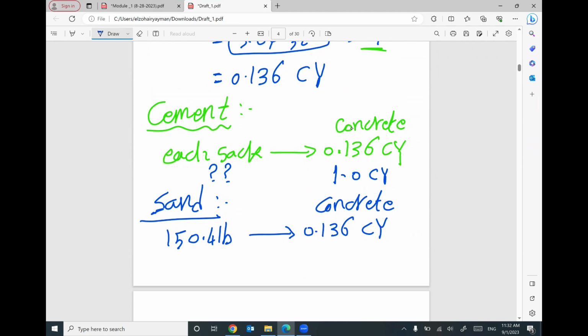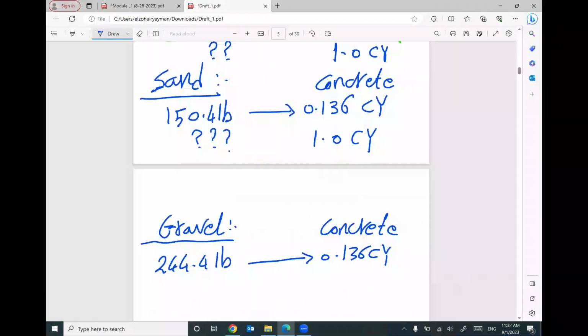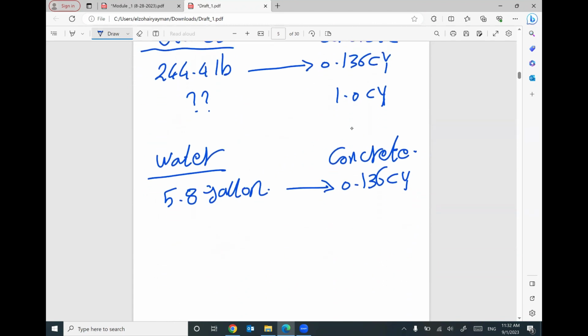I can figure it out. How much weight of sand do I need? I can figure it out. How much weight of gravel? I can figure it out. How many gallons of water? I can figure it out.